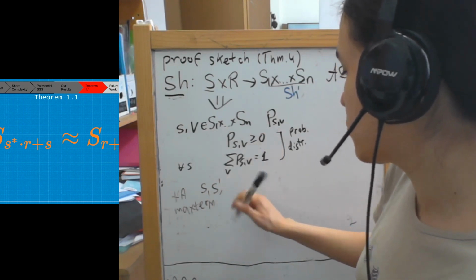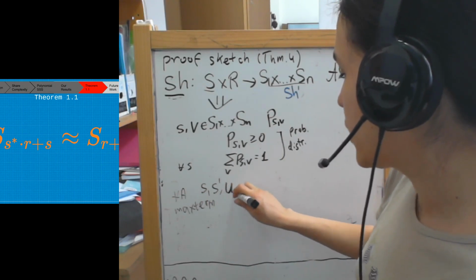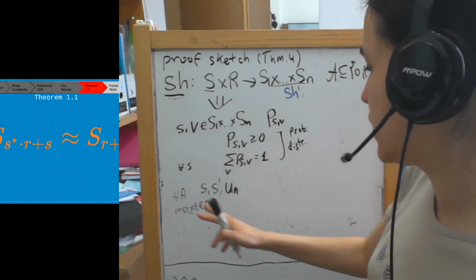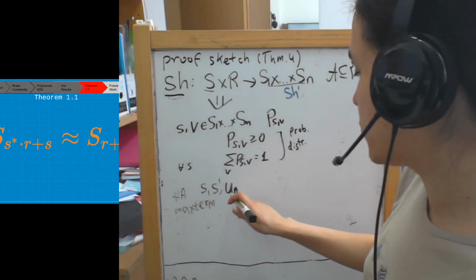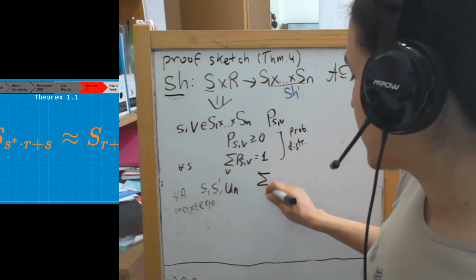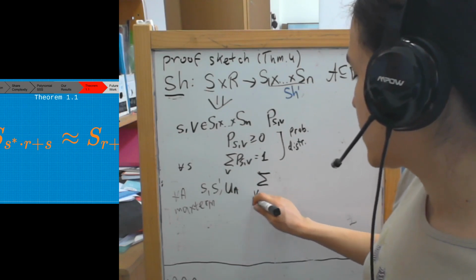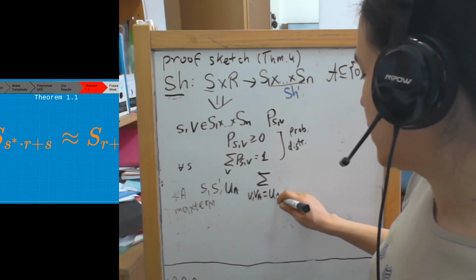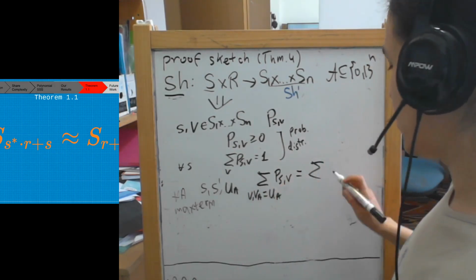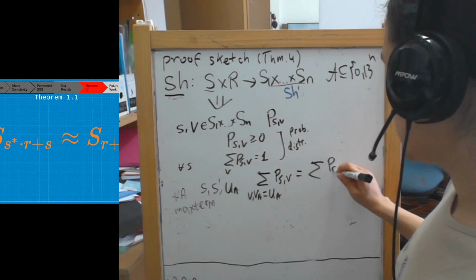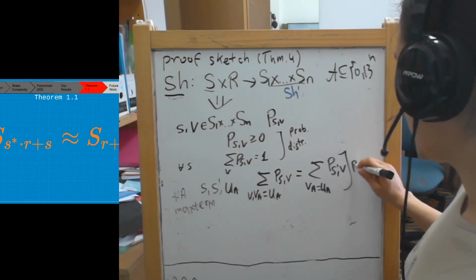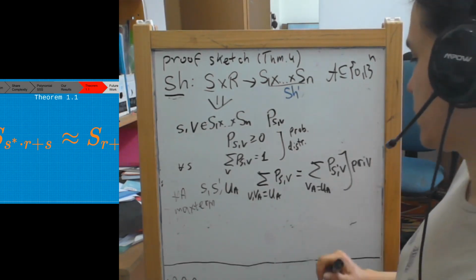This is equivalent to saying that for every U_A, a value of the share vector seen by A, the probability of seeing U_A is the same in both cases. So we can restate it as the sum over all V's such that V_A equals U_A of P_S,V, which is exactly the probability of hitting U_A with the secret S, equals this probability for S prime. So this is a privacy constraint.